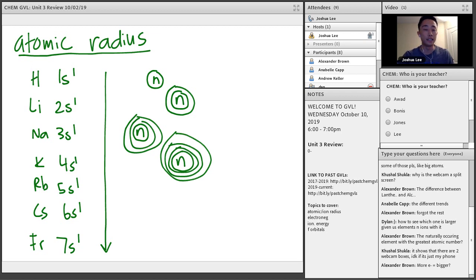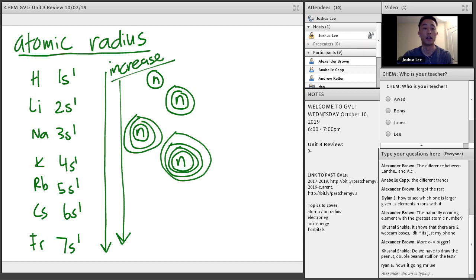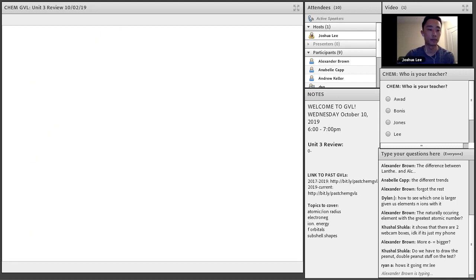So as you go down a group, you're increasing the number of energy levels, and as you increase the energy level, you're just getting bigger because you're literally adding layers and layers to the atom. So that's why going down a group, you're increasing the atomic radius. So that's the group trend for atomic radius.